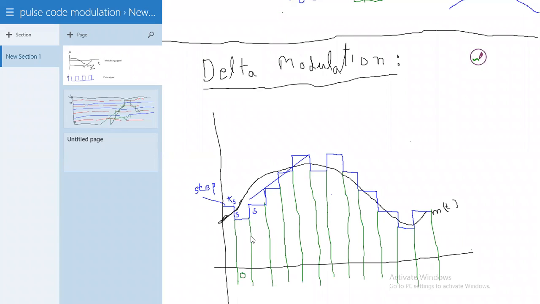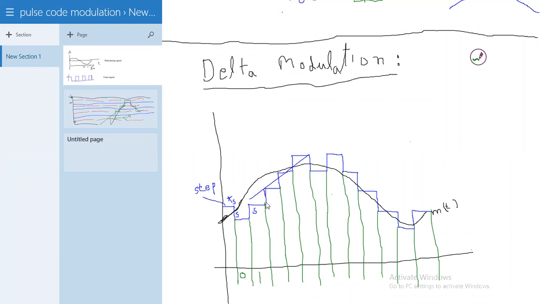And then after Ts, again we compare this step signal with this modulating signal. The modulating signal is greater than this step signal, so the step size increases and stays Ts seconds, so here that is 1.